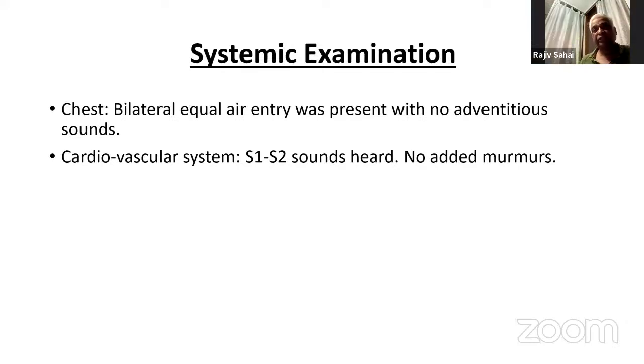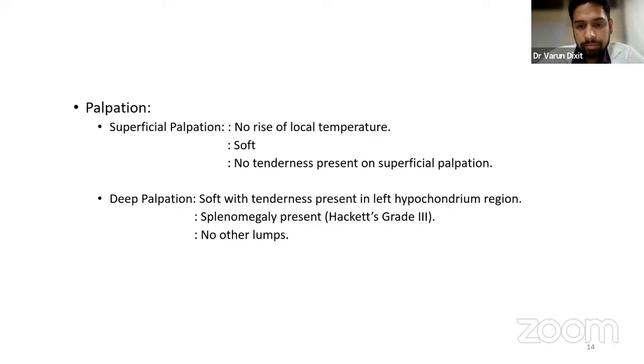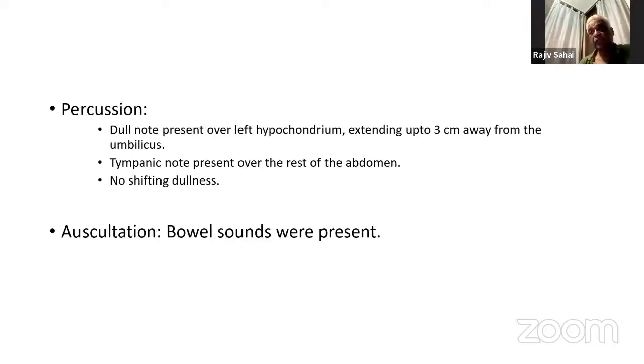Let's go to your regional examination. So there's nothing except for your palpable spleen in here, right? Yes, sir. Next slide, please. Varun, how do you say it is a splenomegaly?